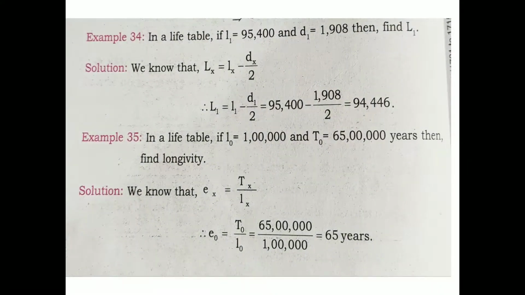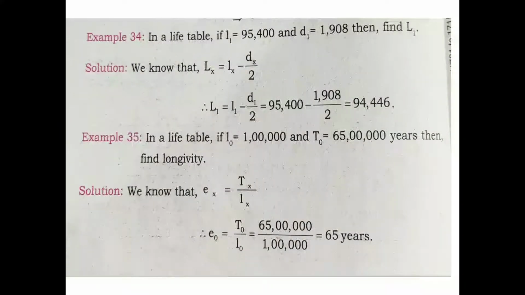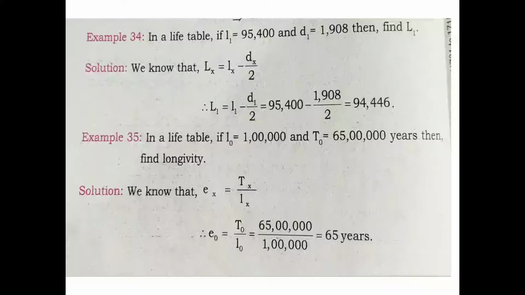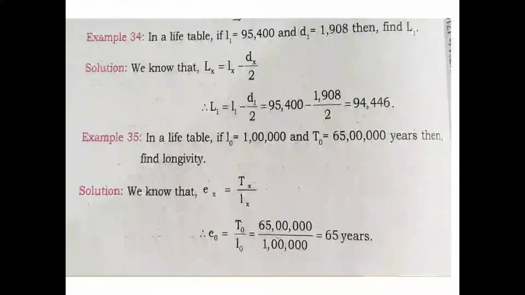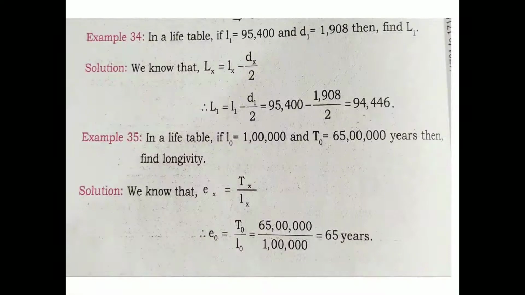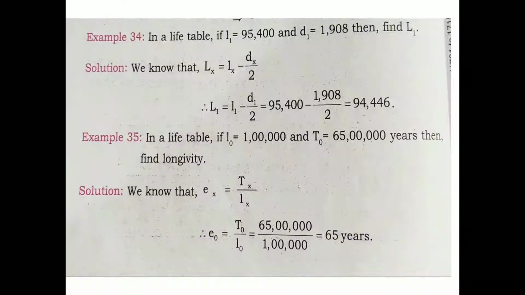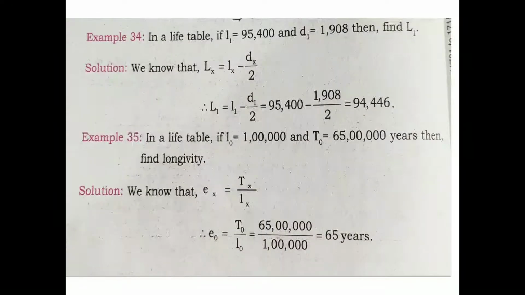Next, example 34. In a life table, if l1 is equal to 95,400 and d1 is equal to 1,908, then find the number of years lived, that is capital L1. So capital Lx is equal to lx minus dx divided by 2.